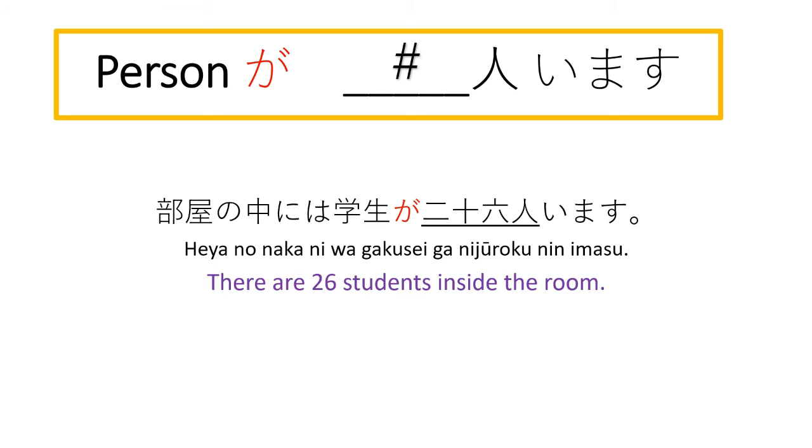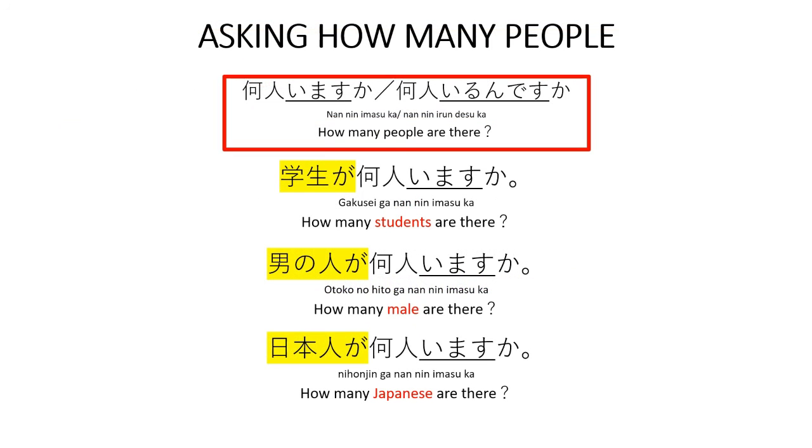So, 26人. 26 people. And then the persons are 学生。学生が26人います。Now, what if I want to ask how many people there are? So, we say, 何人いますか?